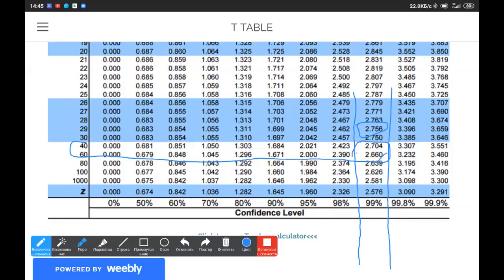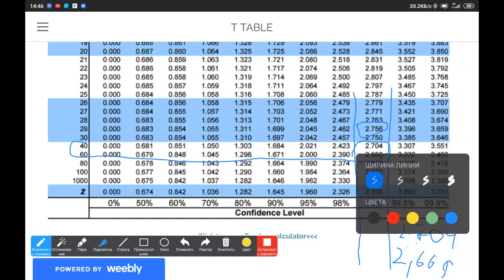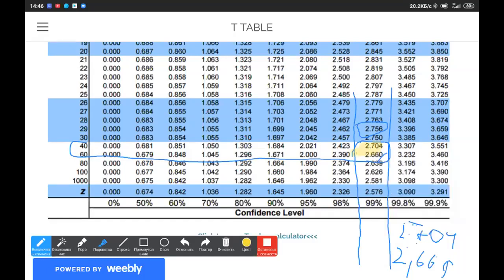Almost in the middle. So if I take the average of those two, so 2.704 and 2.660, that should give me a t-score for 49 degrees of freedom for a sample size of 50.